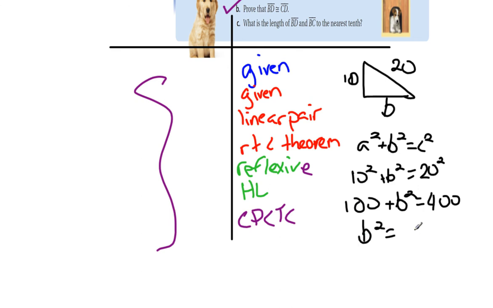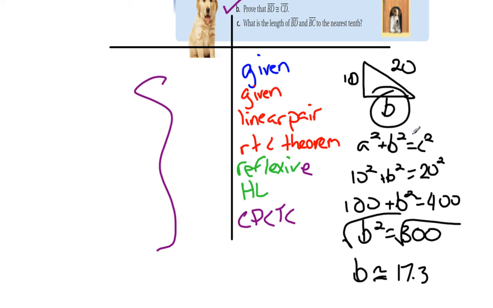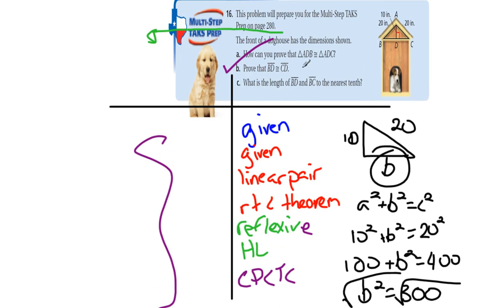We then simplify, and we get b is about 17.3. We had a surprising number of people putting 23 because they added 400 plus 100, which doesn't make sense because the leg has to be shorter than the hypotenuse, so it had to be about 17.3.